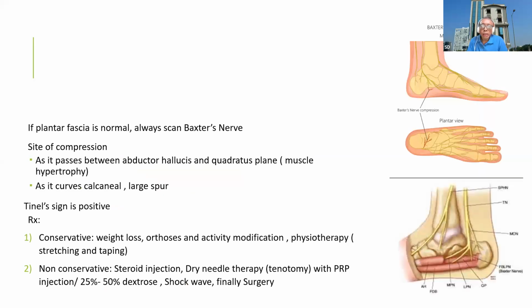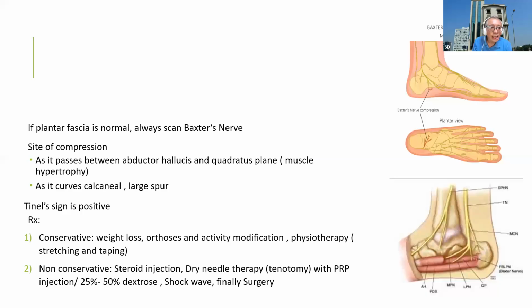The main site of compression is between the muscle planes of adductor hallucis and quadratus plantae, as well as where it curves along the calcaneum. Sometimes there can be a large spur in the calcaneum, which can compress Baxter's nerve and cause Baxter's neuropathy.